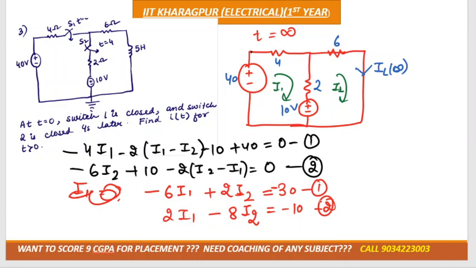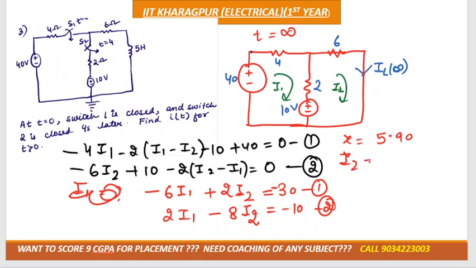Okay, now we need to solve the equations. I'm solving with the matrix, minus 6, 2. Do you know how to solve in the calculator? I1 is 5.9, correct.